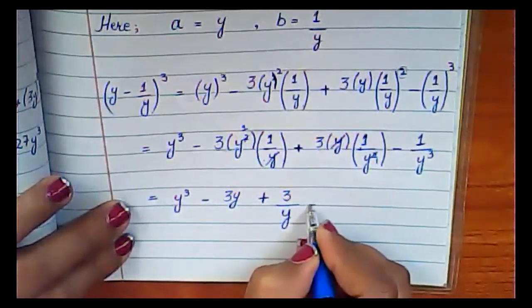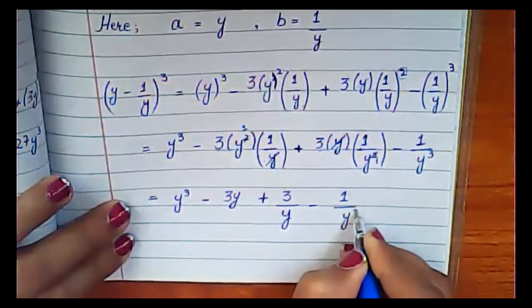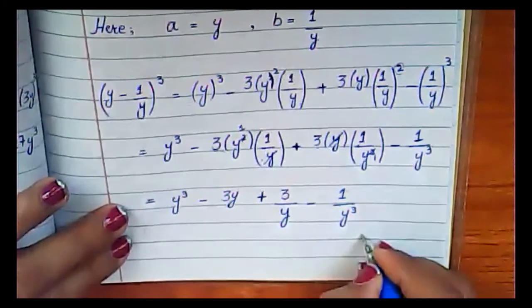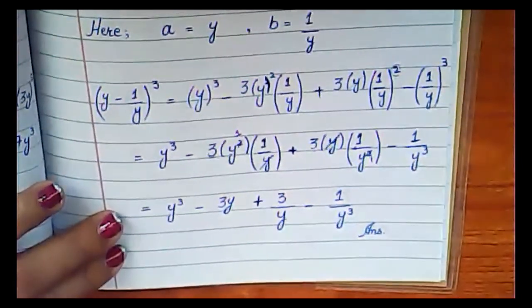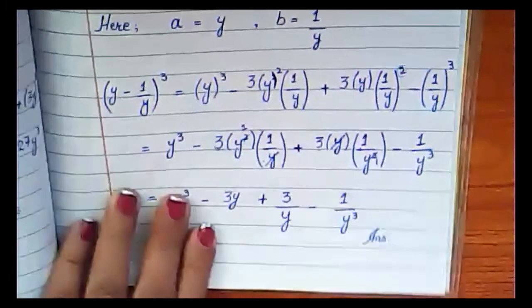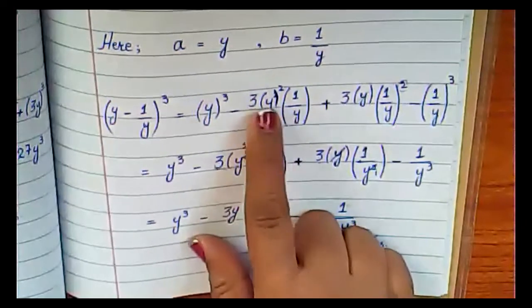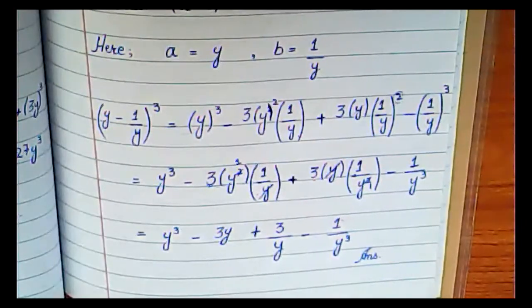And then simply minus 1 upon y cube. Understand? So this is your answer. Is it clear? Please tell me. You cannot cancel these things here because you have to take the square first. Is it clear?